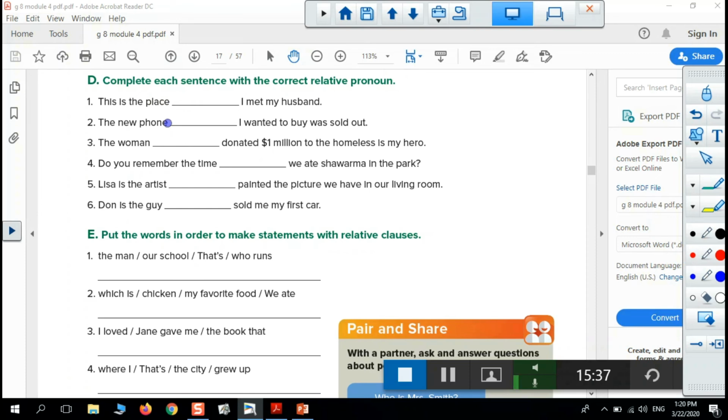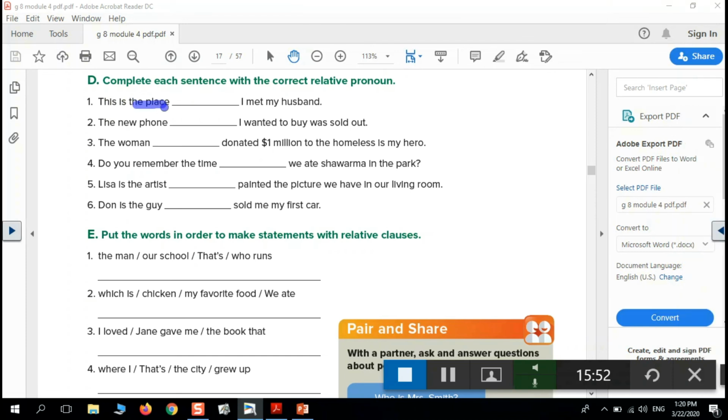If it's a place, where. If it's a point of time or time, use when. Again, this is the place I met my husband. The new phone I wanted to buy was sold out. The new phone, thing, of course. The woman, people, donated $1 million to the homeless is my hero.